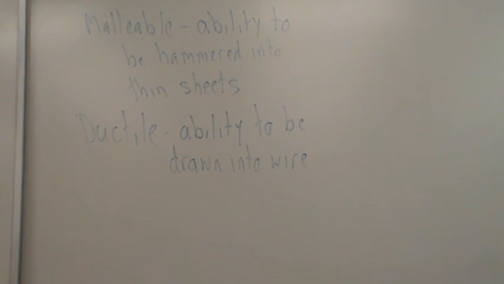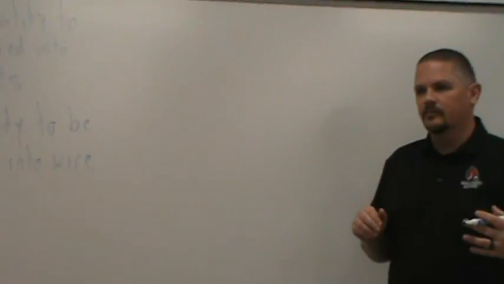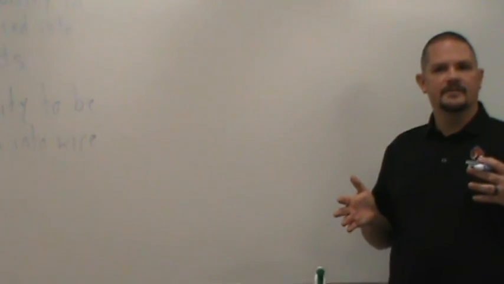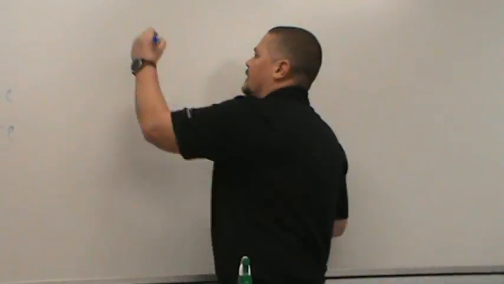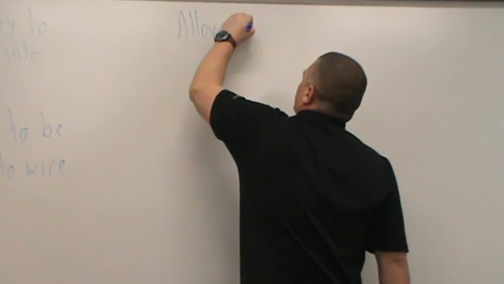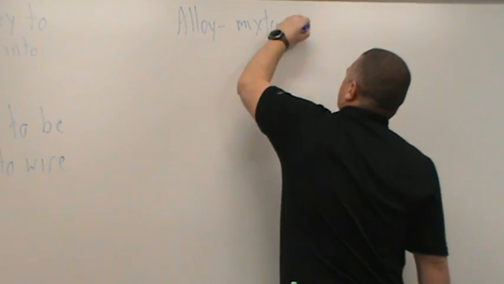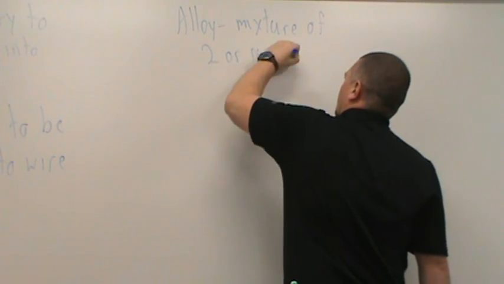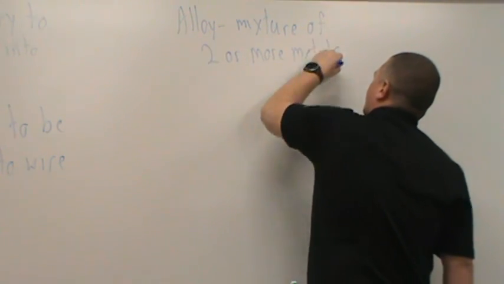Now, when we're working with metals, a lot of times we're not going to be working with one particular type of metal. We have a mixture of metals. What do we call that mixture of metals? Alloy. Alloy. Okay. So alloy, mixture of two or more metals.